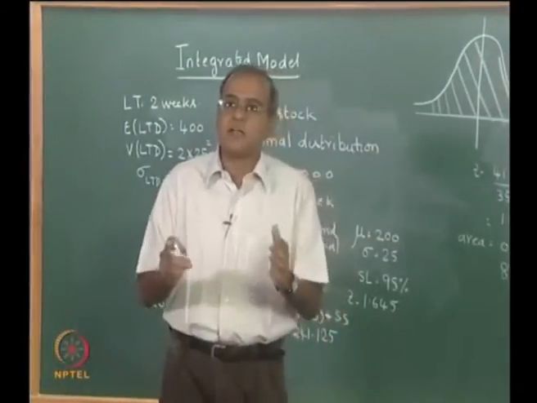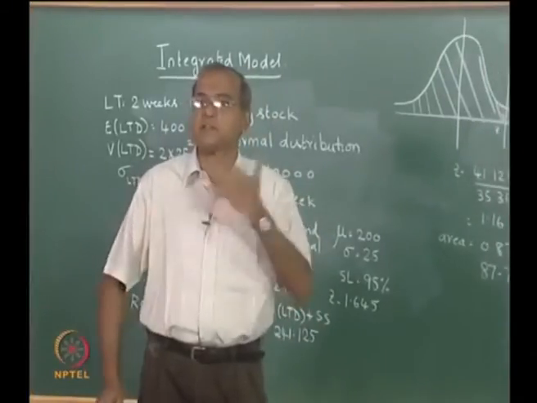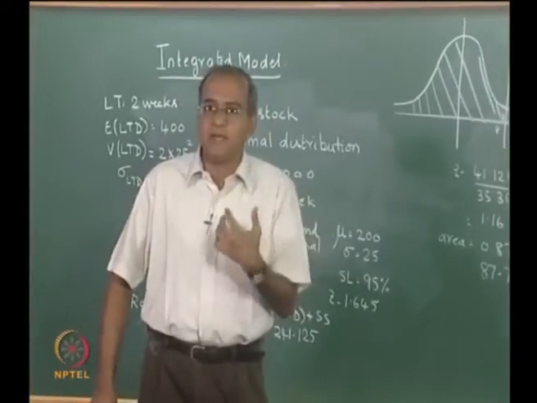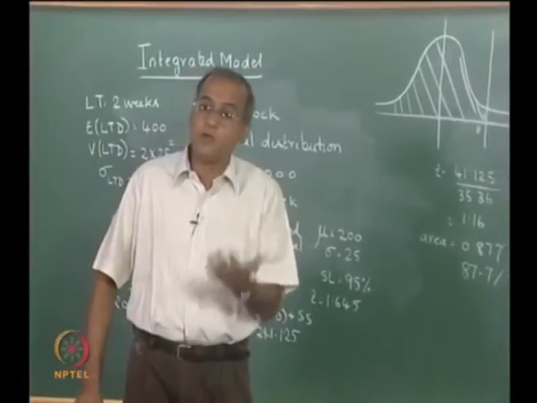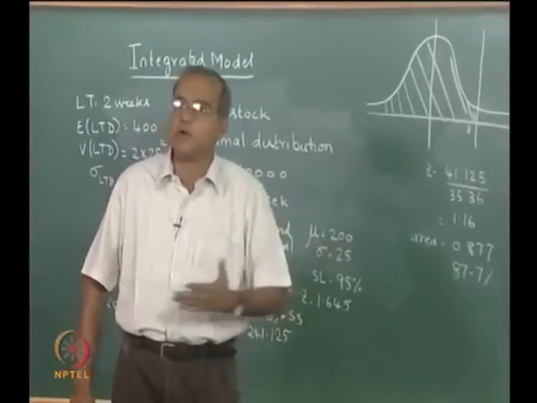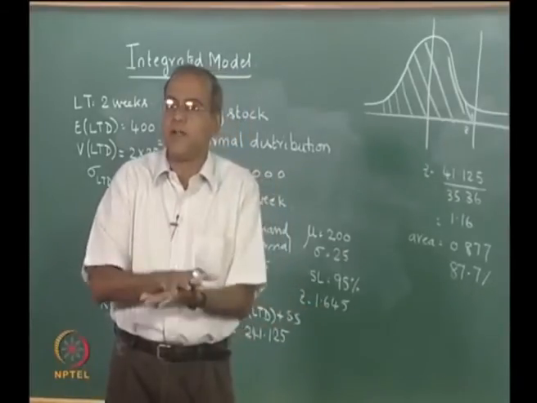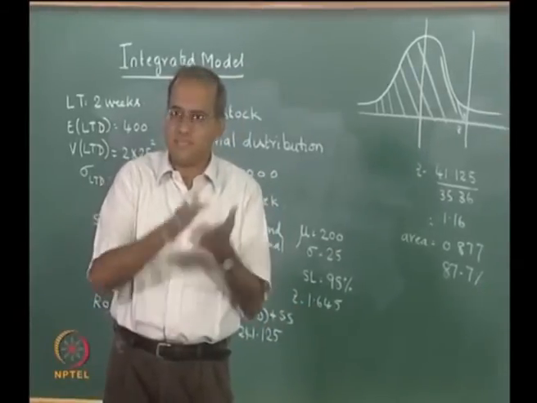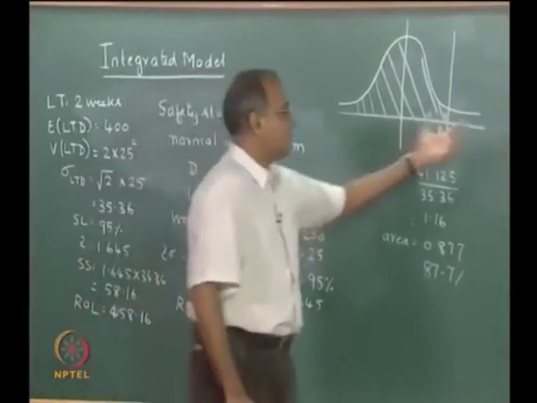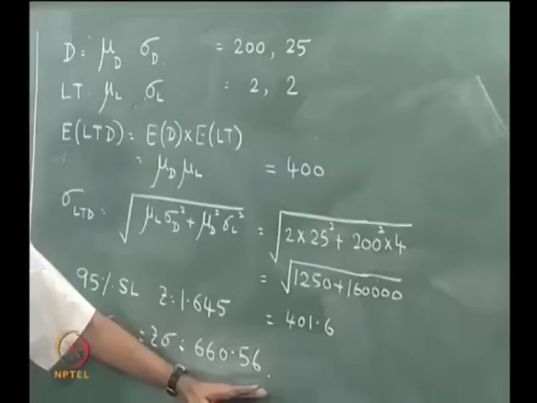So about 3 weeks of inventory is held as safety stock, and we already know that such a safety stock is never going to be consumed. So so much worth of inventory is going to remain as safety stock at 95% service level.